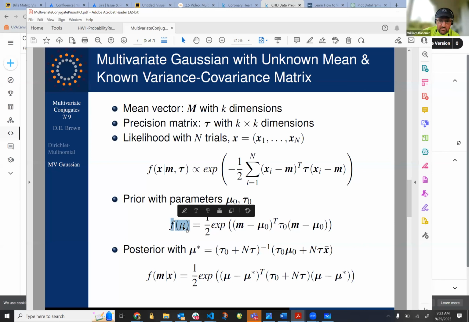This is a probability distribution on mu, but I don't see mu over here on this side, and maybe I'm missing something. I'm kind of thinking this m is our mu. Let's not overthink this too much, but we have a prior probability distribution on the mean, and mu is that prior's mean, and tau is the inverse of the covariance for that prior.